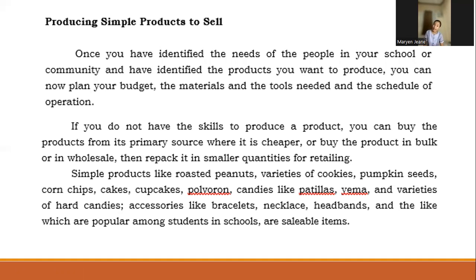If you do not have the skills to produce a product, you can buy the products from its primary source where it is cheaper, or buy the product in bulk or wholesale, then repack it in smaller quantities for retailing. For example, Shopee. Thank you, Shopee. In Shopee, there are many wholesalers.